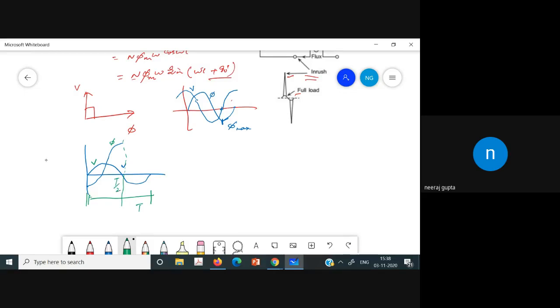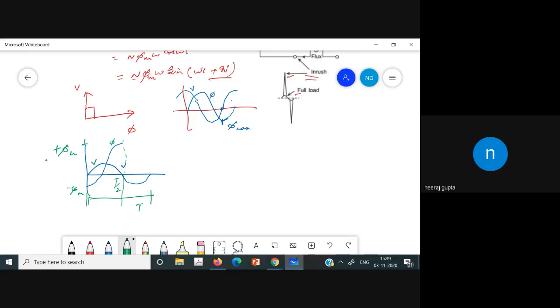Now, from this what we see is that in the time equal to T by 2, we are seeing this waveform of voltage and this waveform of flux. In the time T by 2, the flux changes from minus phi maximum to plus phi maximum.